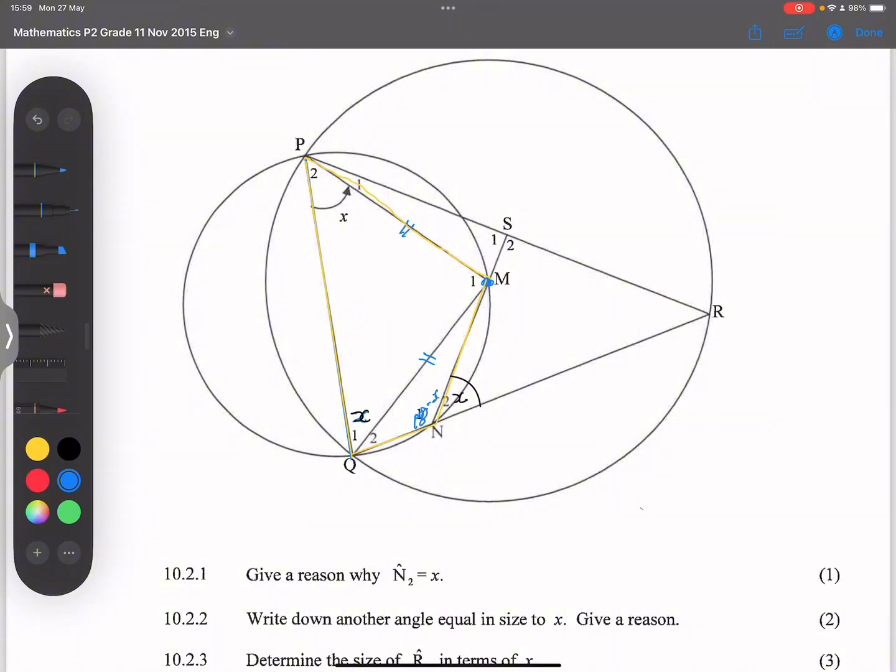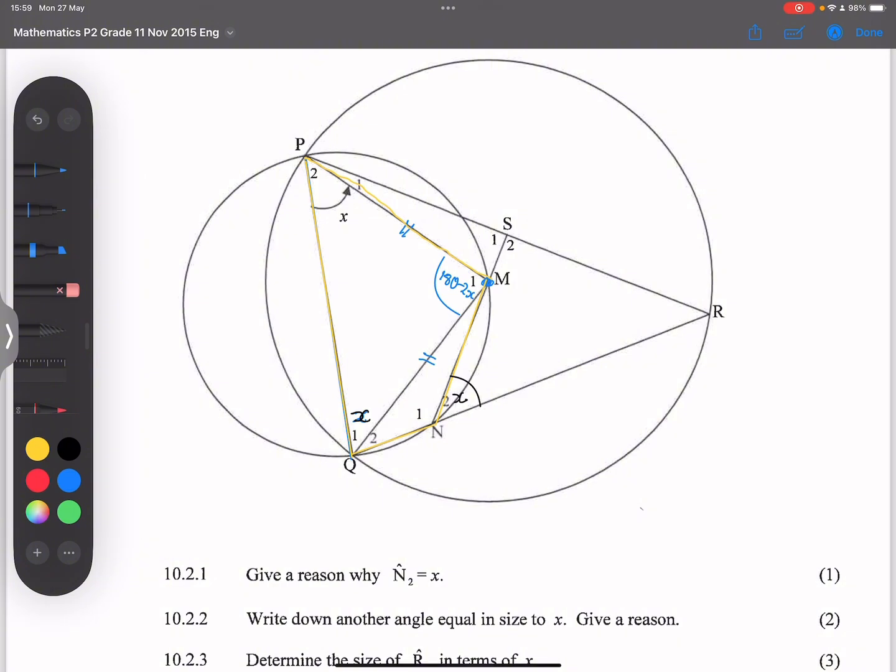Okay, so we can try and find as many of them as possible. But that means that if you look at this angle here, it's in the triangle, so this would be 180 minus 2x. Let me not create the impression that they are equal. So that would be 180 minus 2x.